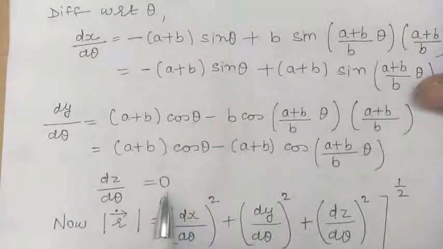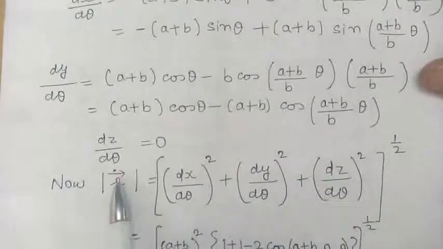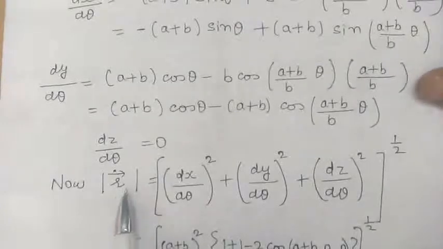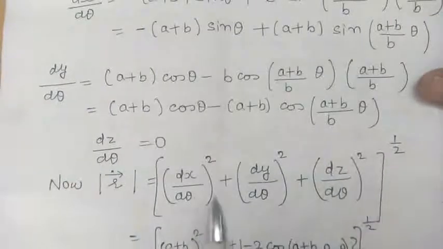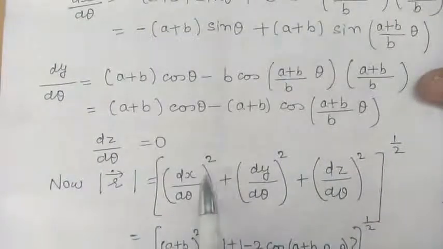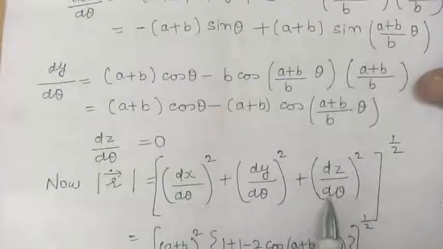Now let us find the magnitude of r dot. Here r dot means the derivative of vector r with respect to parameter theta. By definition, the magnitude is given by the square root of the sum of the squares of dx by d theta, dy by d theta and dz by d theta.